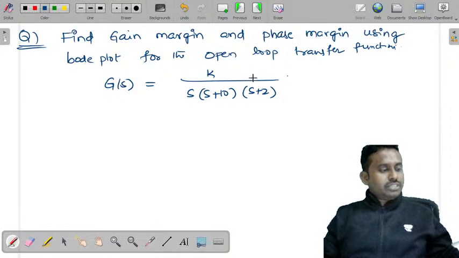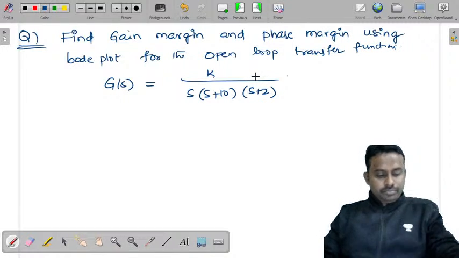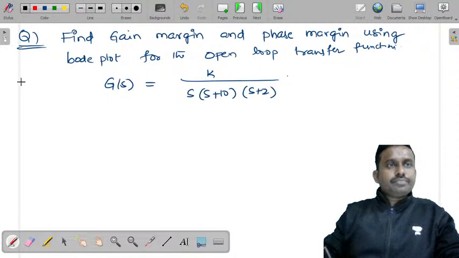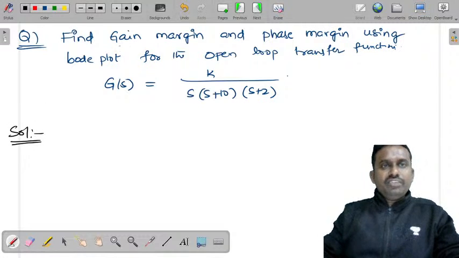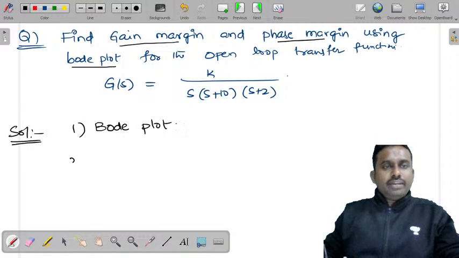So let's look at this question and concentrate. We are going to solve it. Read the question: you need to find gain margin and phase margin using Bode plot. So first is the Bode plot, which is one point you need to observe.